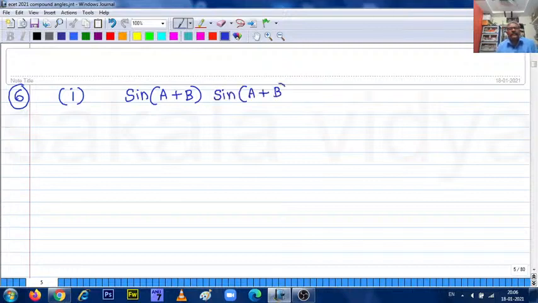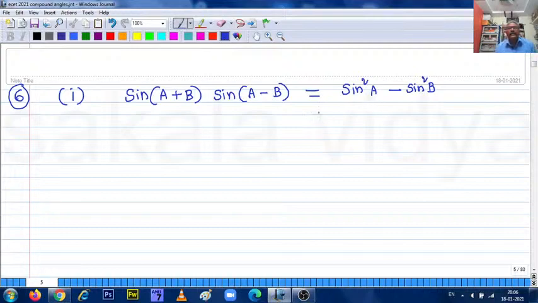Sin of A plus B into sin of A minus B is equal to sin square A minus sin square B. Because in the examination, the right hand side will be given and you are asked to find the value; you need to write sin of A plus B into sin of A minus B.